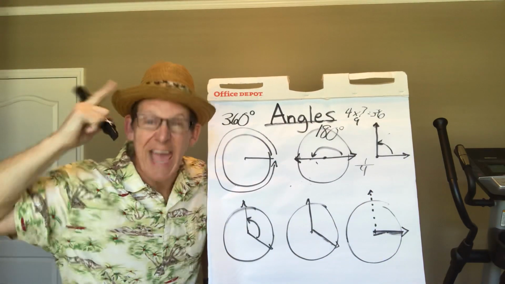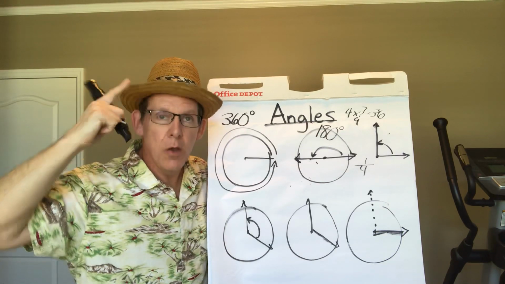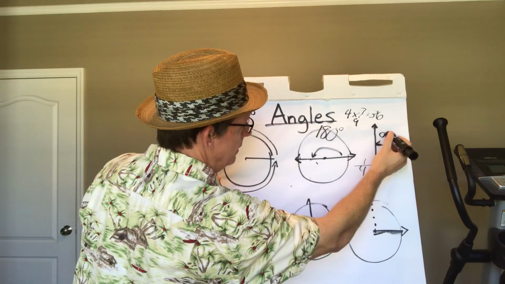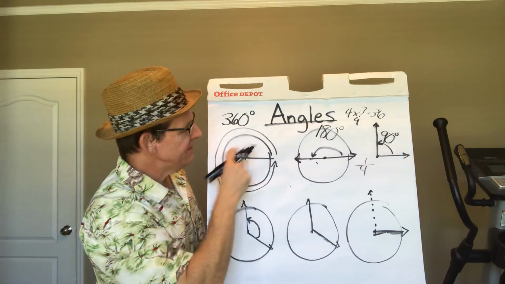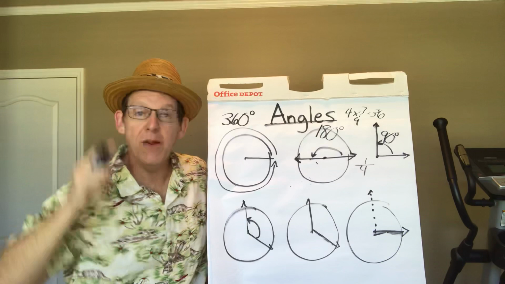Now, I have my thinking cap on, so let's use our brain. 1/4 would be 90. You're right, 90. 90 degrees. Now, guys, we've got 360, 180, and 90. We've got to put those numbers in our brain.